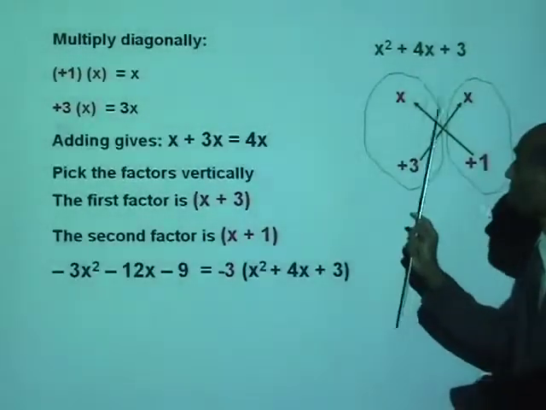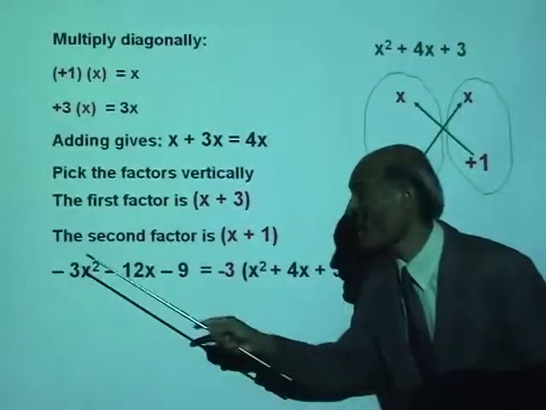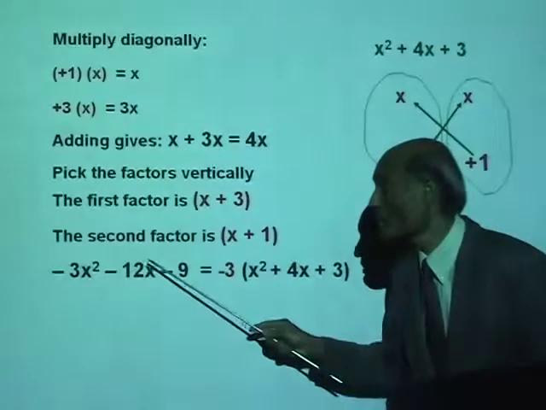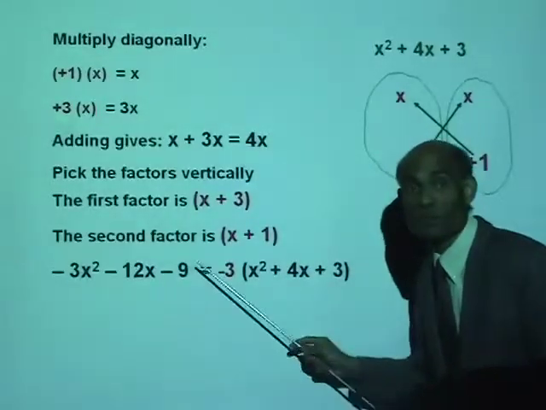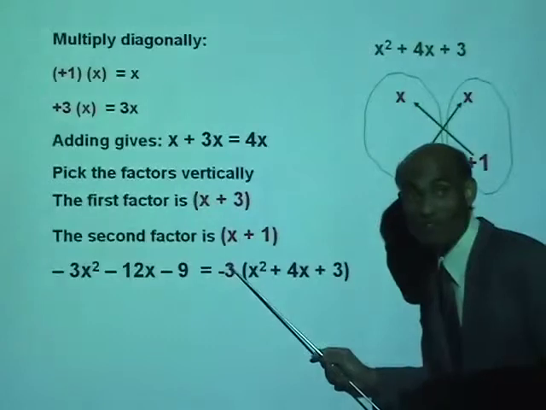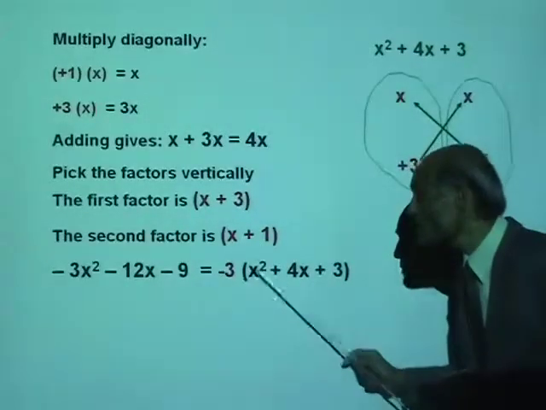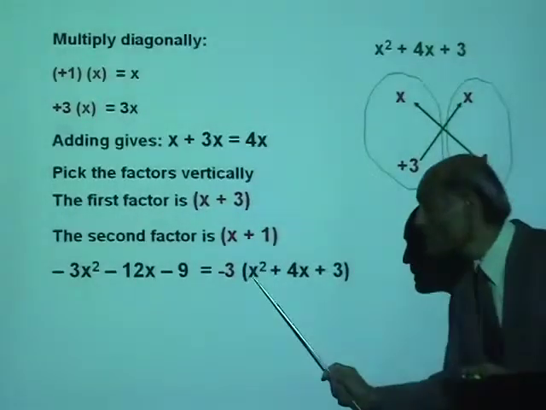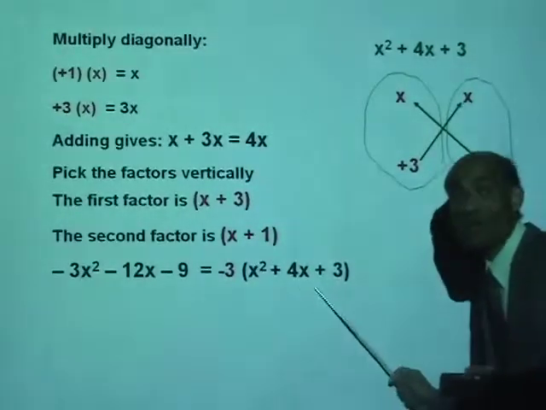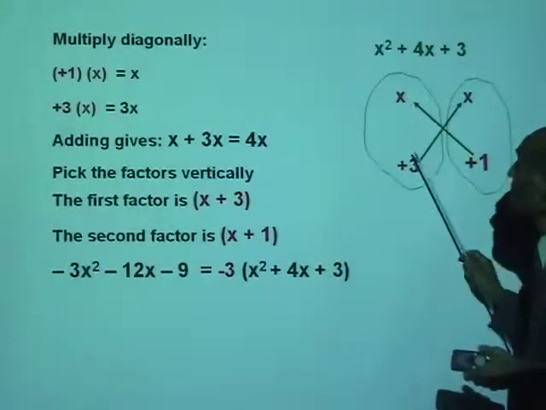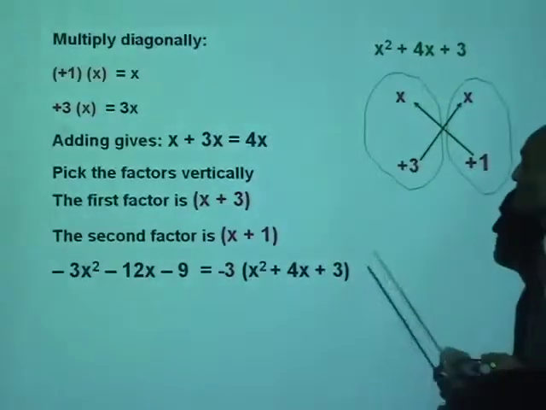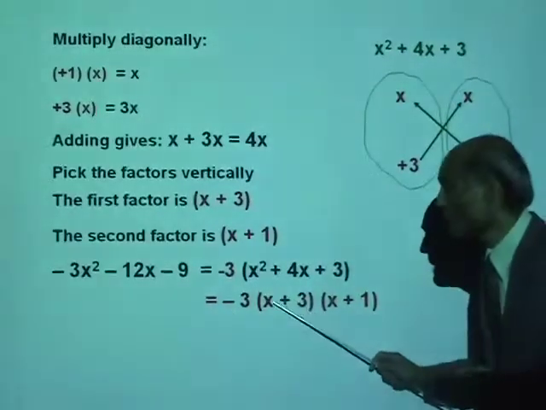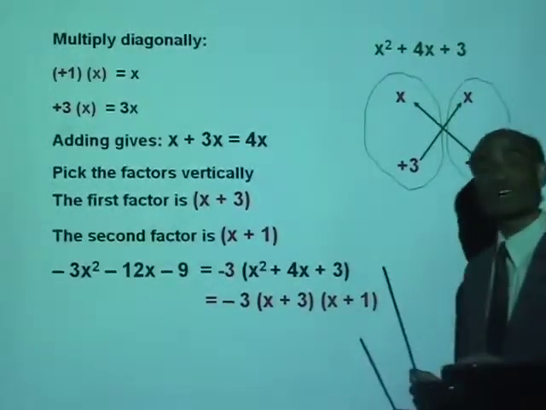That means our original expression for factoring is negative 3x squared minus 12x minus 9. You remember we pulled out the common factor. That will be negative 3 times x squared plus 4x plus 3. And we now factored this trinomial as x plus 3 times x plus 1. So that will be now negative 3 times x plus 3 times x plus 1.